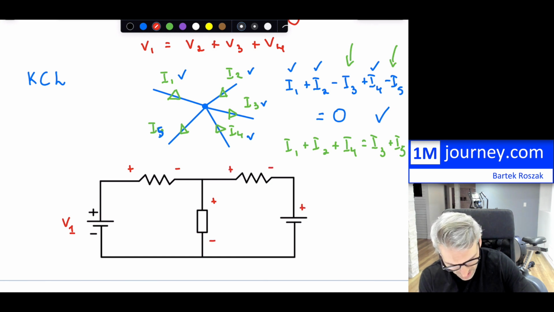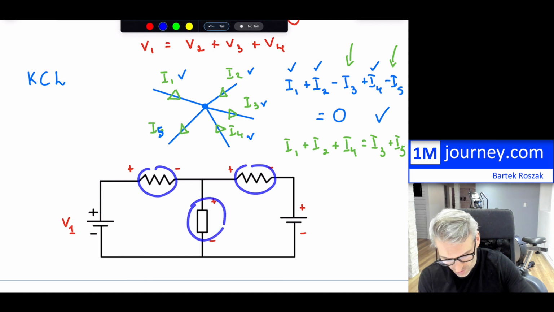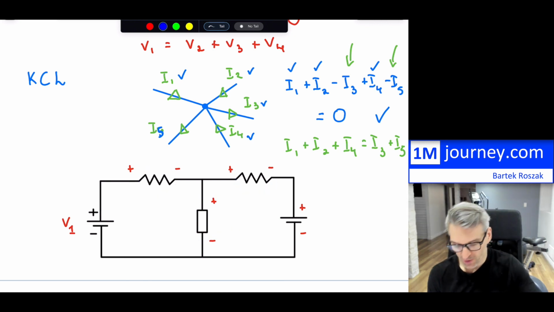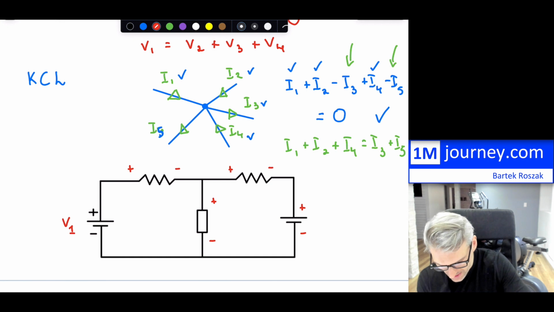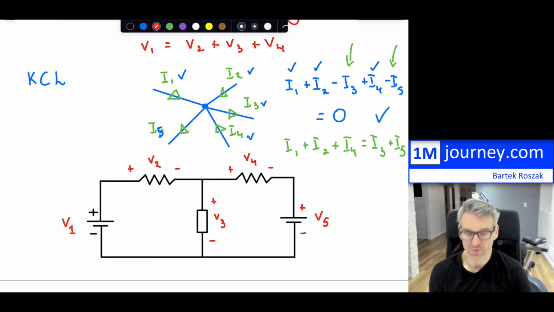So what we have is some kind of source right here, some battery, another battery over here, two resistors over here, and then something which we don't really know. Now, once you label these out, let's call this V2, let's call this V3, let's call this V4, and let's call this V5. So this is what we have.